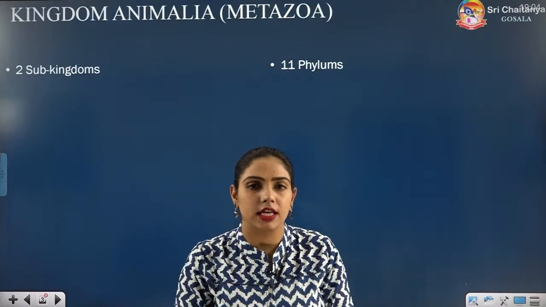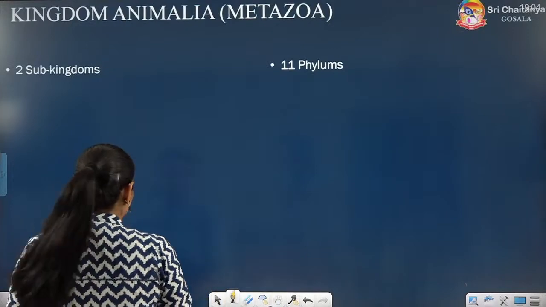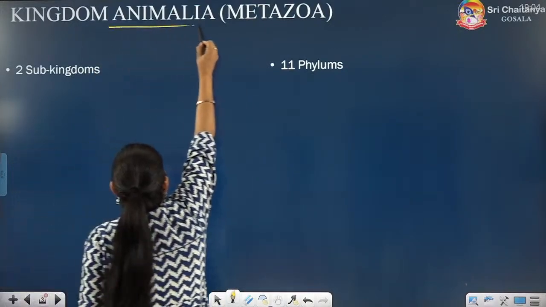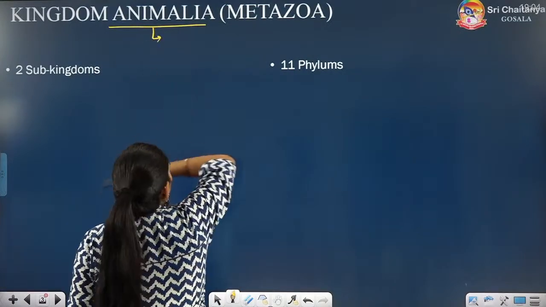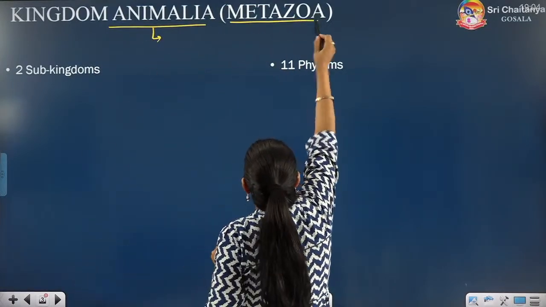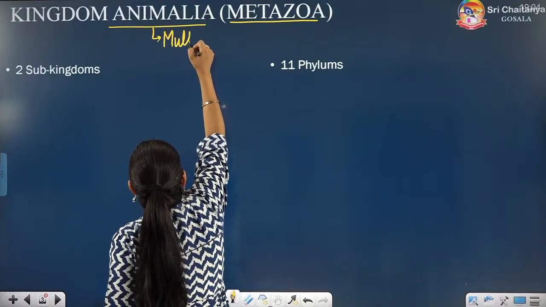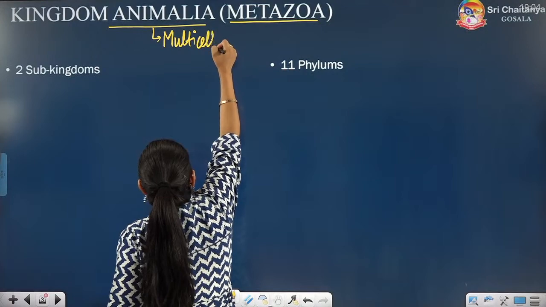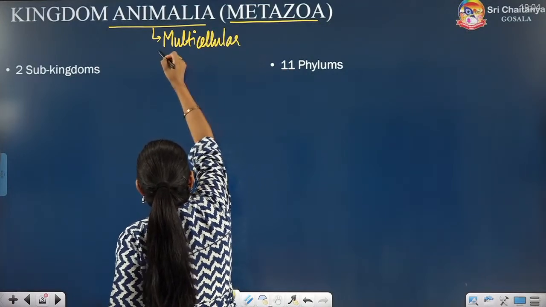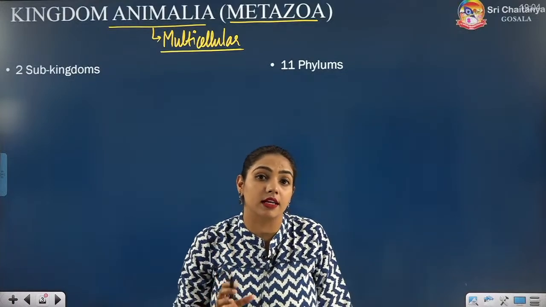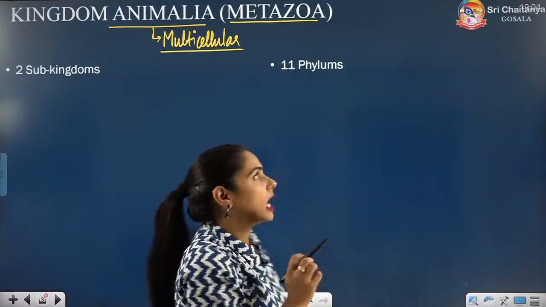But if I talk about the basic features, the animals of the kingdom Animalia are known as metazoans. These are multicellular, without any exception. All the animals which we are going to study in the animal kingdom are multicellular.